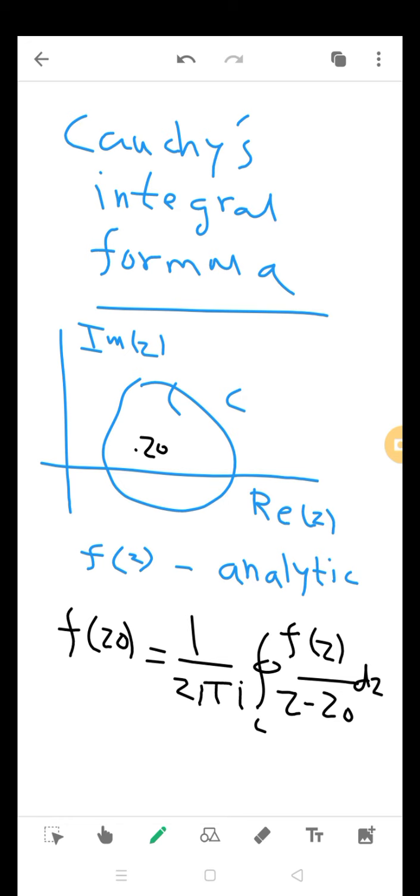Now we will take some examples to find out the applications of this formula.